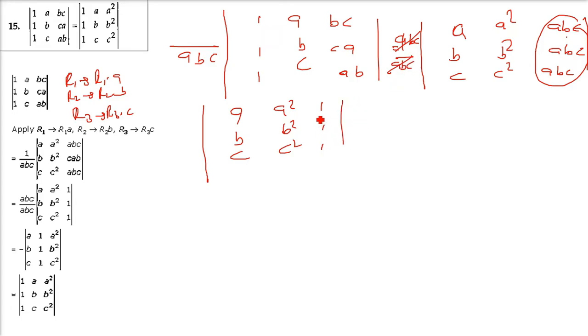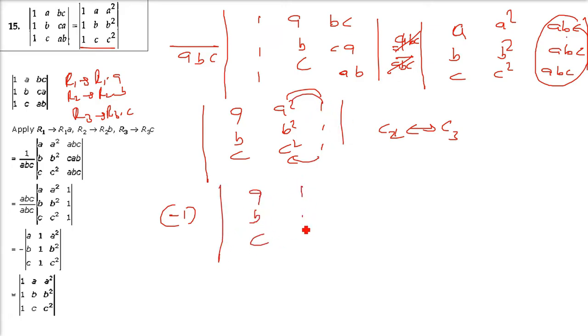So almost we are at the solution. But for the 1, 1, 1, we just need to rearrange. We will exchange the columns: column 1 and column 2 I'm changing with column 3. So a minus will come outside. What it will become: a, b, c, 1, 1, 1, and a squared, b squared, c squared.